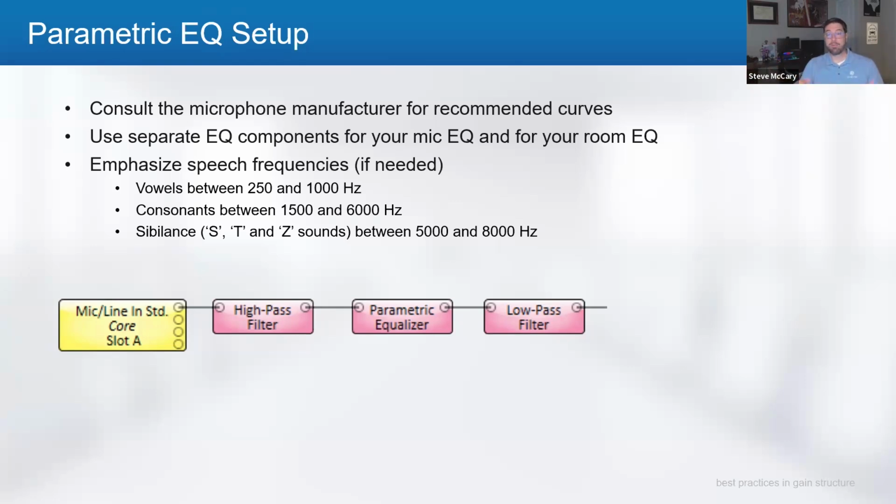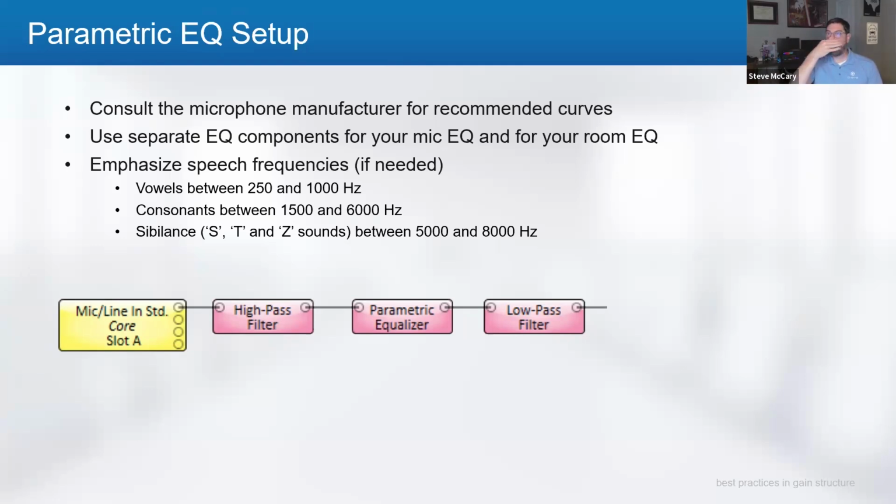So if the manufacturer tells me that at 5K they have a little bump in their frequency response, well, I may want to pull down my 5K in my parametric just to flatten that out. Otherwise, I might find myself with a whole lot of sibilance in my presenter.